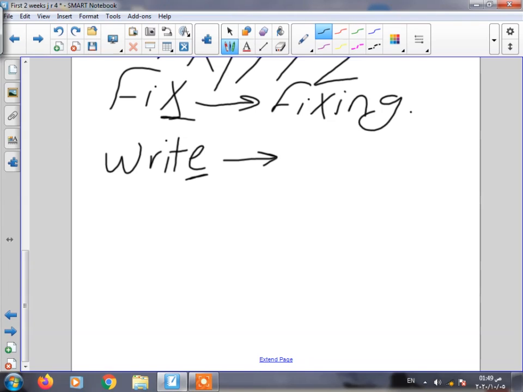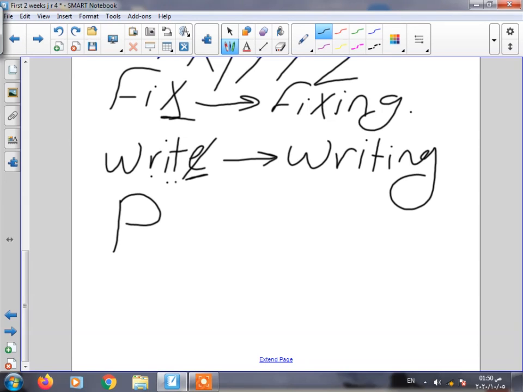It will be writing. When I cancel the E, the verb ends with vowel, consonant, vowel, consonant. We can't double the T after removing or cancelling the E. We don't apply two rules to the same verb.